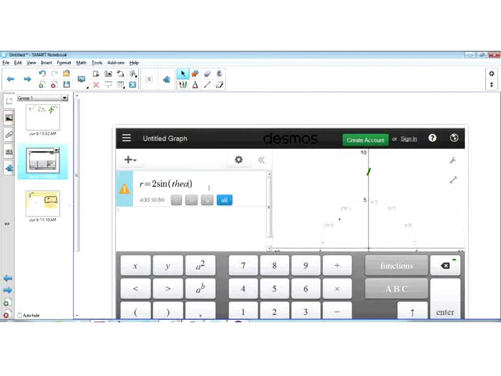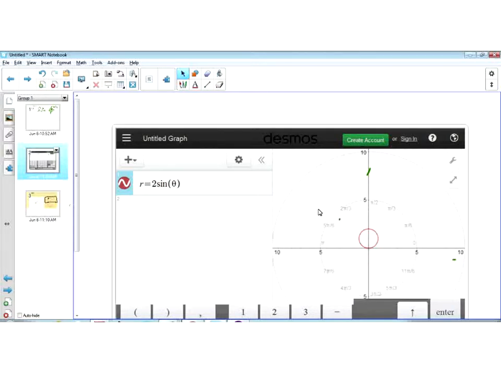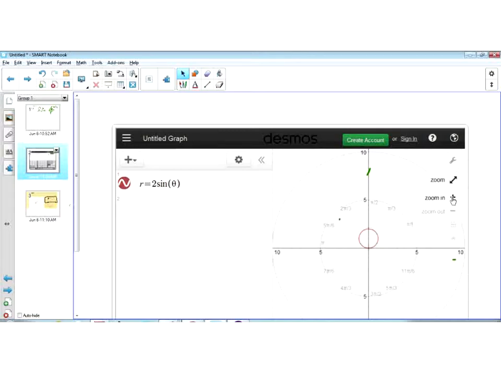Oops, I misspelled theta, didn't I? Theta. All right, and you can see there's the circle centered at 1, pi halves. See if I can zoom in. All right, so you can see how it's done.